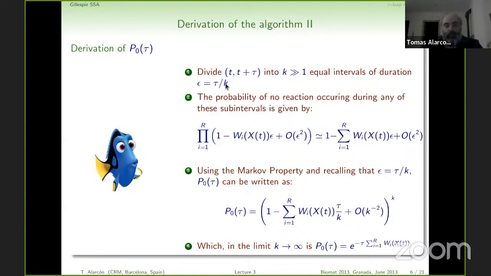Okay, and again, as we pointed out before, during the whole interval we are keeping this x of t here. So here we don't have x of t plus whatever. We have here x of t because we are conditioning to nothing happening within that time interval.